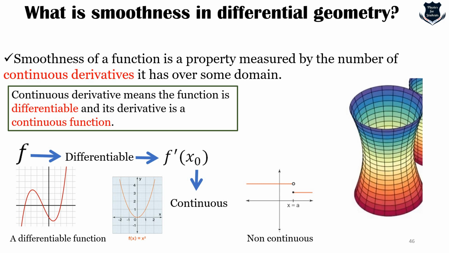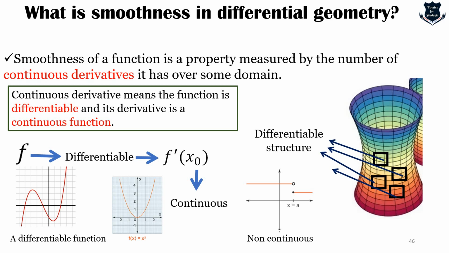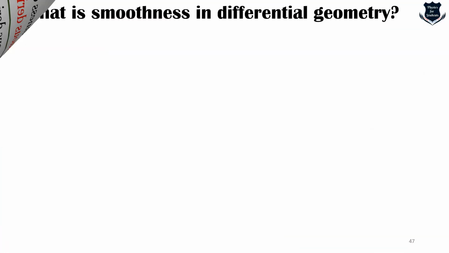So considering this to be a differentiable manifold, we can call this a differentiable structure, and this part is a continuous derivative. That means we can keep on getting the derivatives continuously, and these will also be continuous functions.